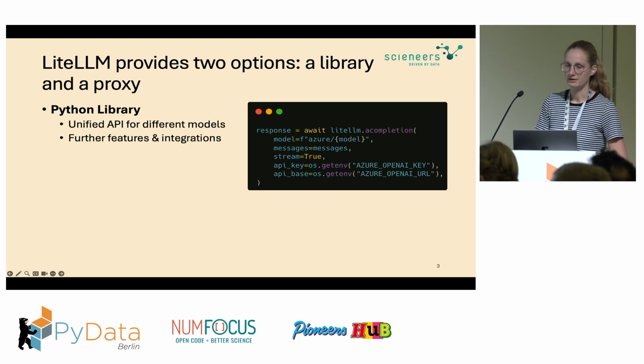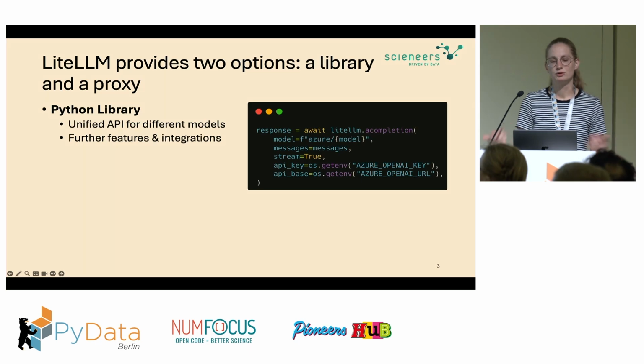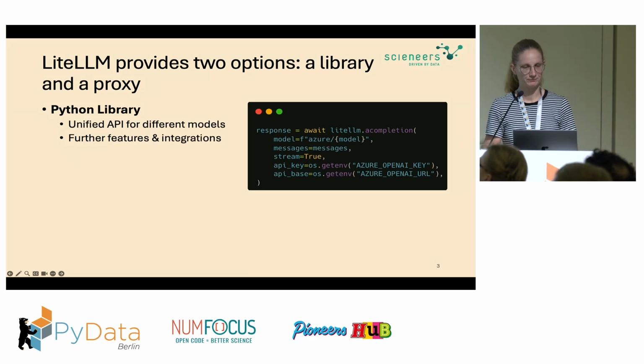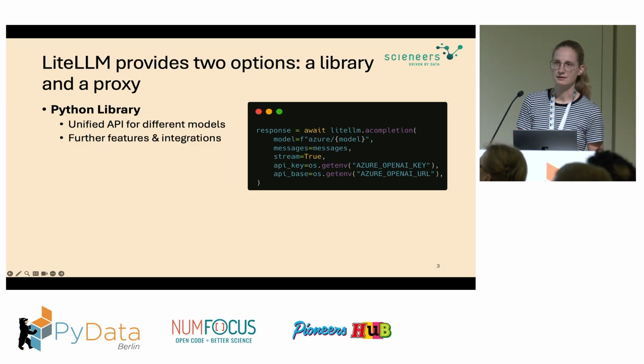You just call the LiteLLM library, for example, with an async completion method, hand over your model, messages, some other settings, and of course the information to your model, like where your model is hosted, an API key, and a URL. And there are some further features and integrations I don't want to talk about now.